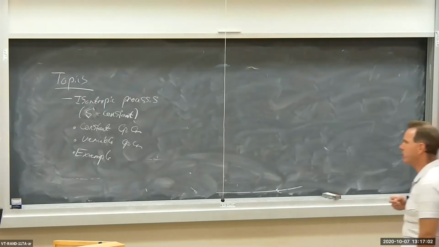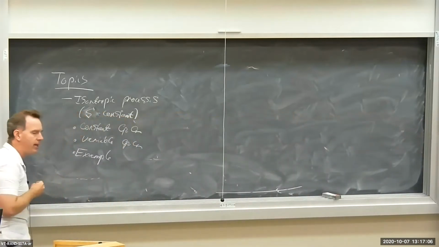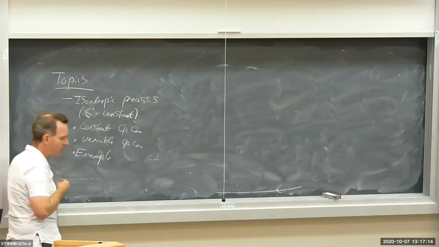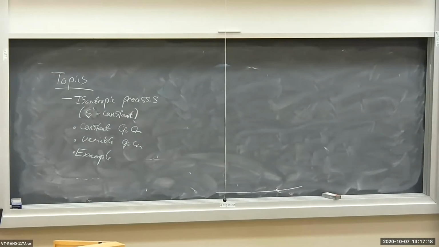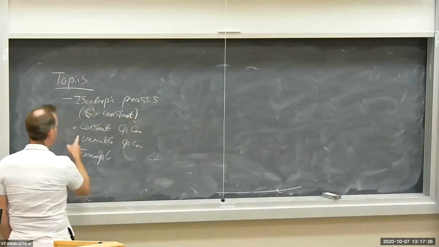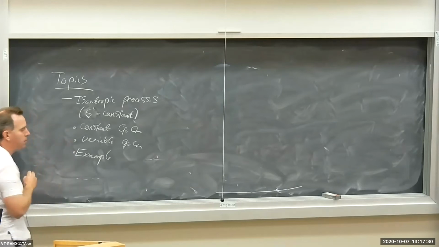So we're going to focus on isentropic processes involving ideal gases. That's mainly the application that you're going to see this sort of thing this semester. We're going to look at property relationships and how they reduce in the case of isentropic processes, for constant specific heat and variable specific heat.